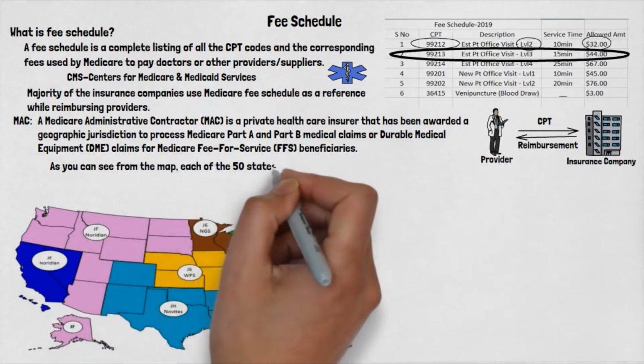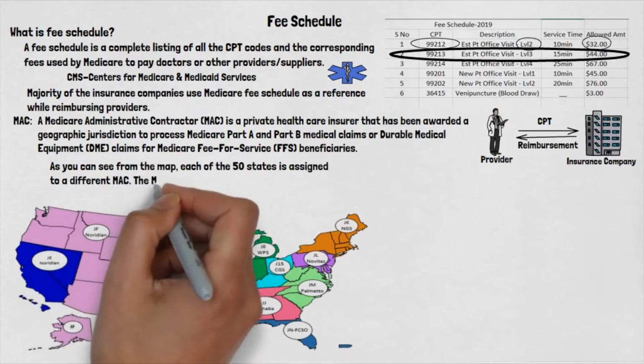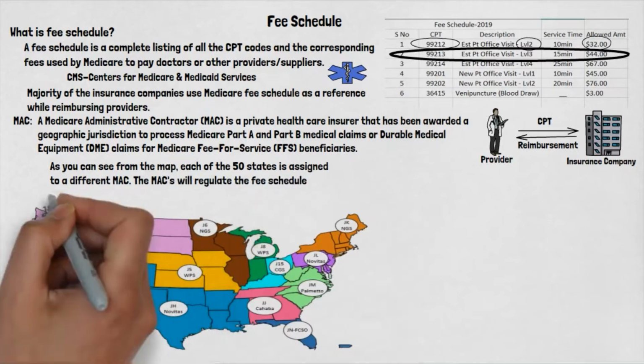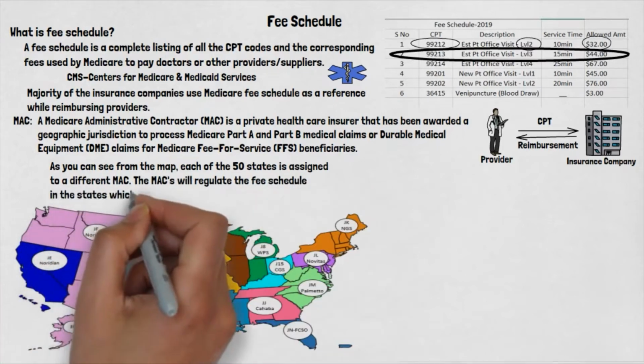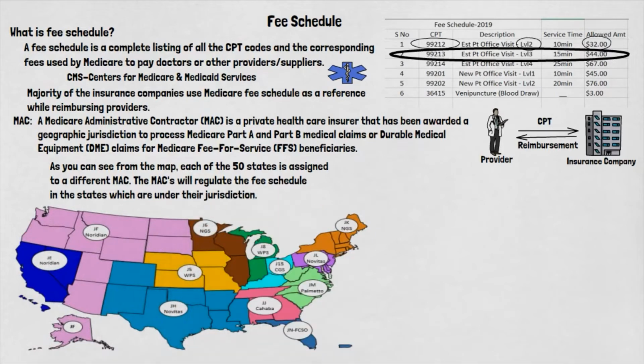As you can see from the map, each of the 50 states is assigned to a different MAC. The MACs will regulate the fee schedule in the states which are under their jurisdiction.